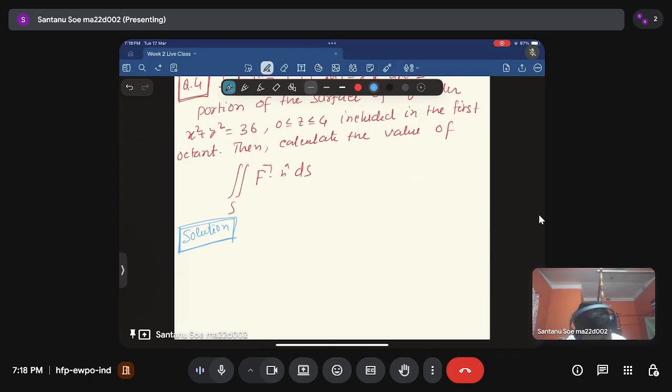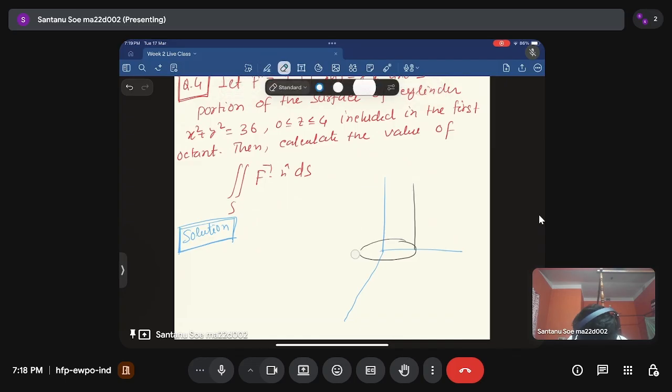So the surface is just the cylinder. This is drawn as follows. So the projection will be this line. This has radius 6, and z is varying from 0 to 4.